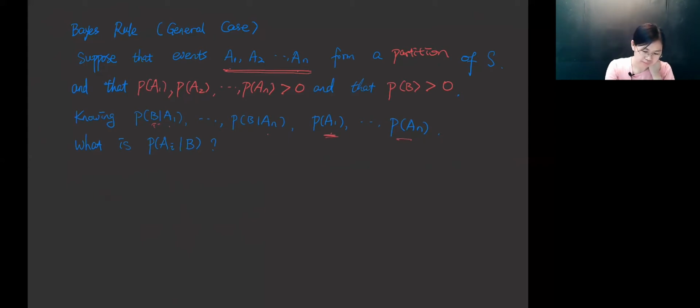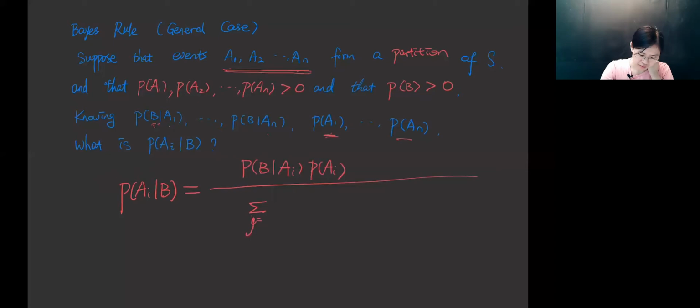The Bayes rule tells us that probability of Ai given B for any i from 1 to n equals a ratio with the numerator being P of B given Ai times P of Ai, and the denominator being P of B. But the P of B can be represented as the sum over j from 1 to n, probability of B given Aj times probability of Aj. This is a representation of P of B.